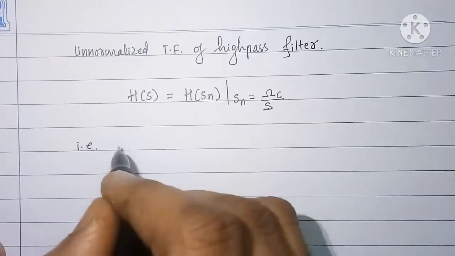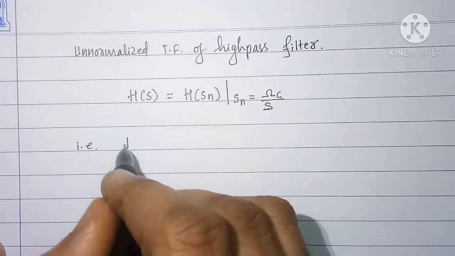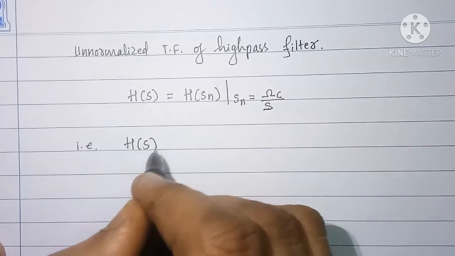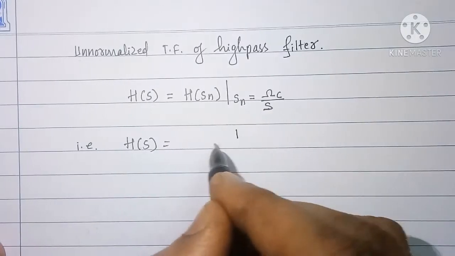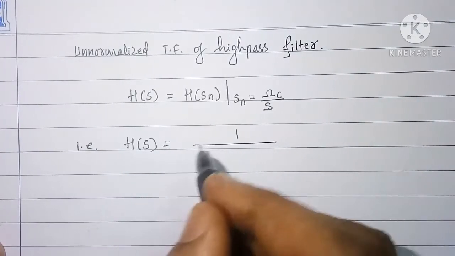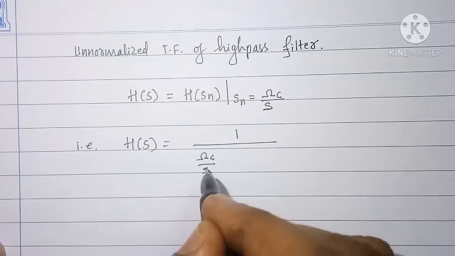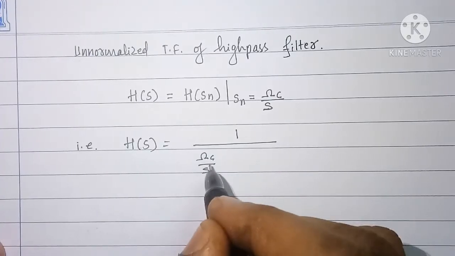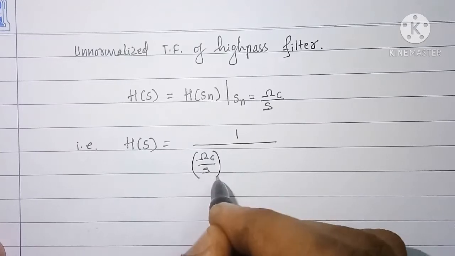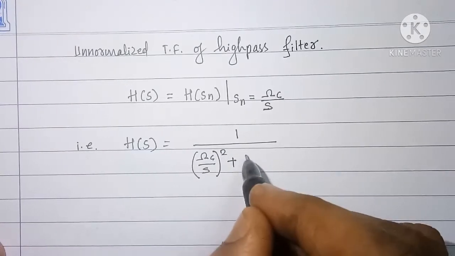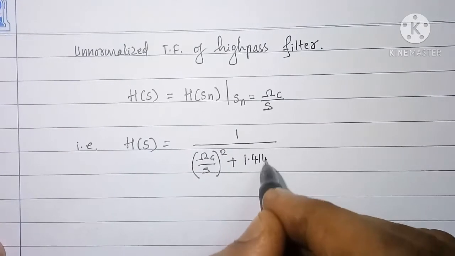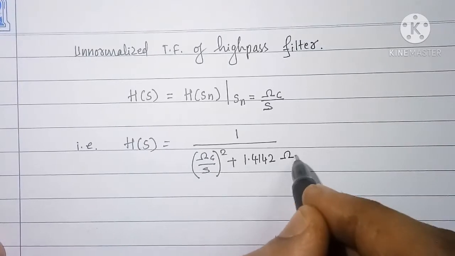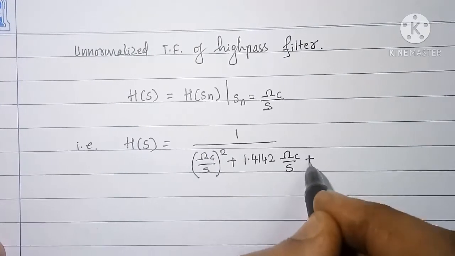That is H(s) equal to 1 upon Sn square, which is (omega c by s) whole square, plus 1.4142 omega c by s plus 1.